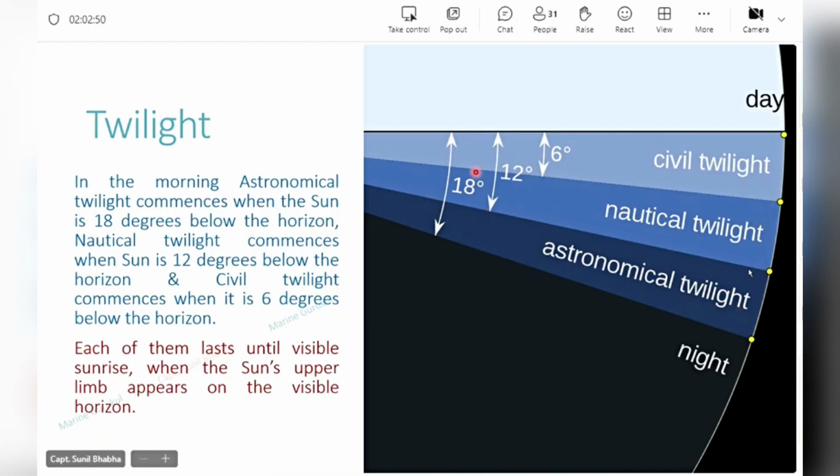The middle portion is what is important from the point of view of the navigator for the purpose of sight taking. Now this period is basically the commencement of nautical twilight to the commencement of civil twilight.